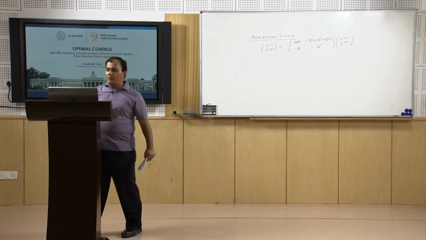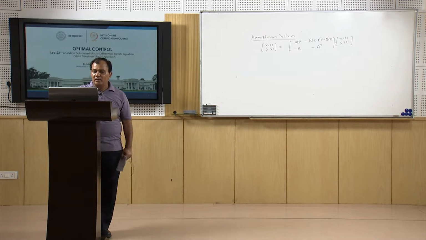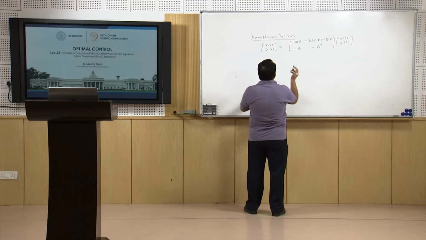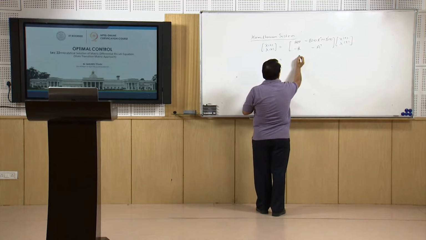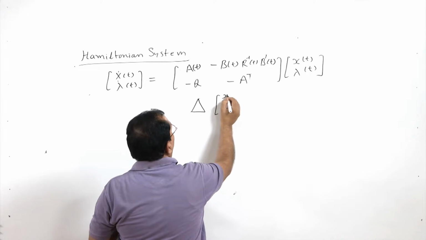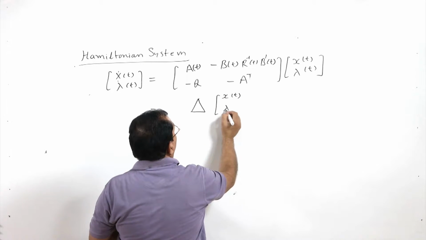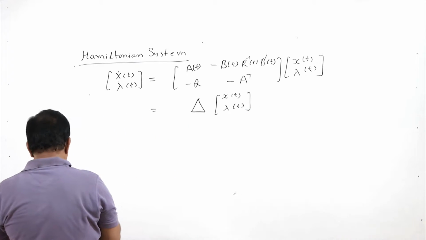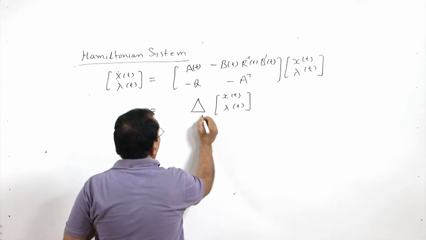Now, if I know x 0 and lambda 0, this Hamiltonian system I can directly solve in terms of the state transition matrix. So, I write this matrix as my Hamiltonian matrix delta, multiplied with x t, lambda t. And what is the delta?